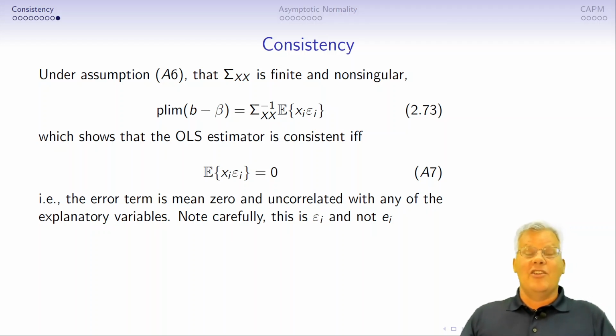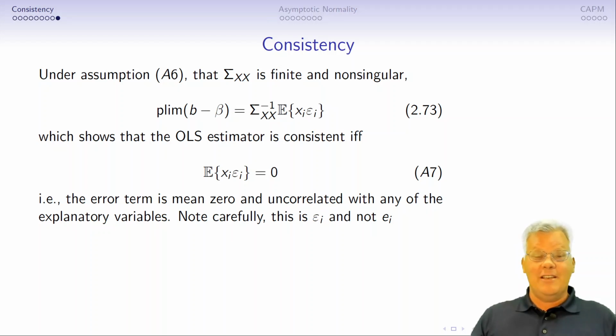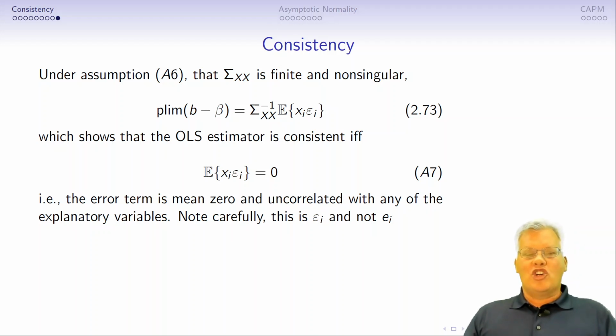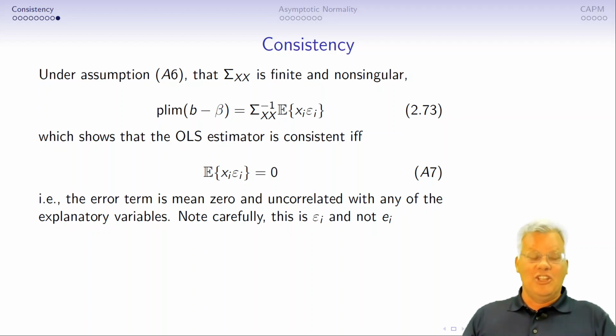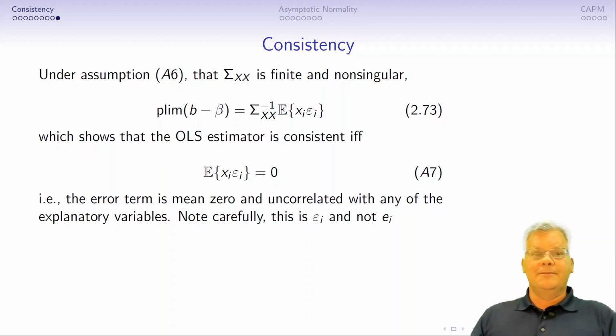That was the necessary condition for consistency. Expressed differently, the error term is mean 0 and uncorrelated with any of the explanatory variables. Note carefully that we're talking about the population stochastic disturbance term, epsilon, and not the regression residual e.